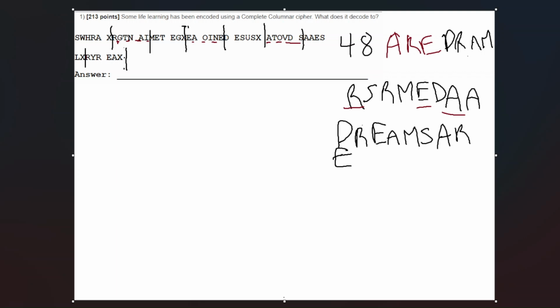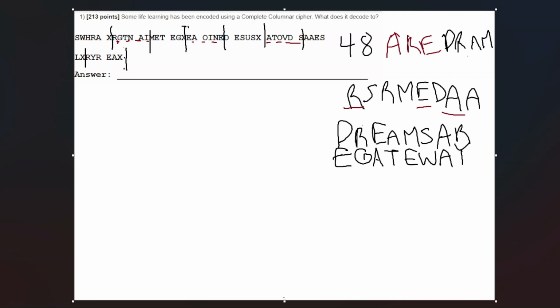And then we have R, so the letter after that is G. After E, it should be A. After T, it's E. After A, it's T. M to E, S to W, and then A and R. We're not sure if it's R A, but now we do know it's R A R because of A R E. So now it's A to A, I believe, and then R to Y. So dreams are a gateway, which makes sense.